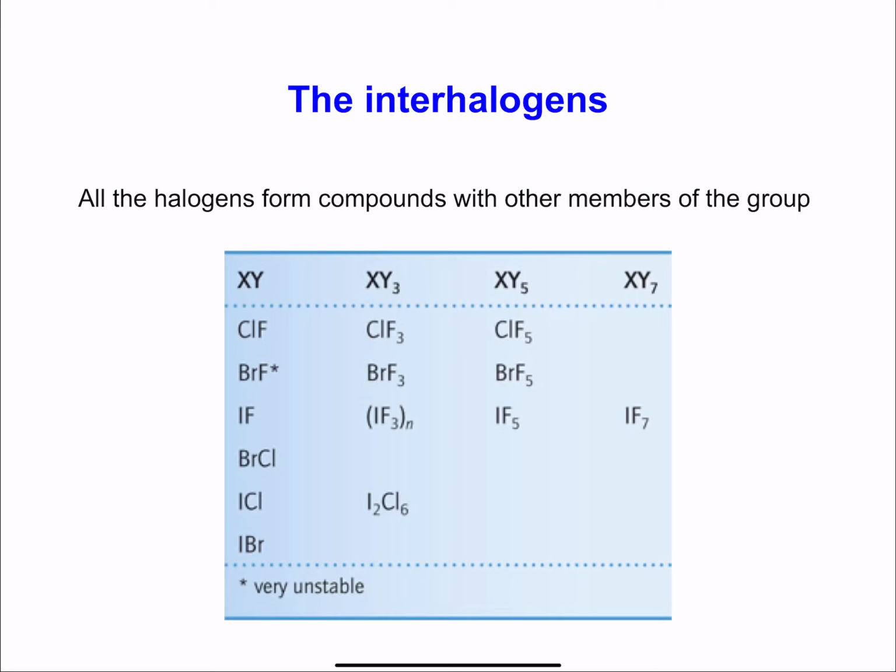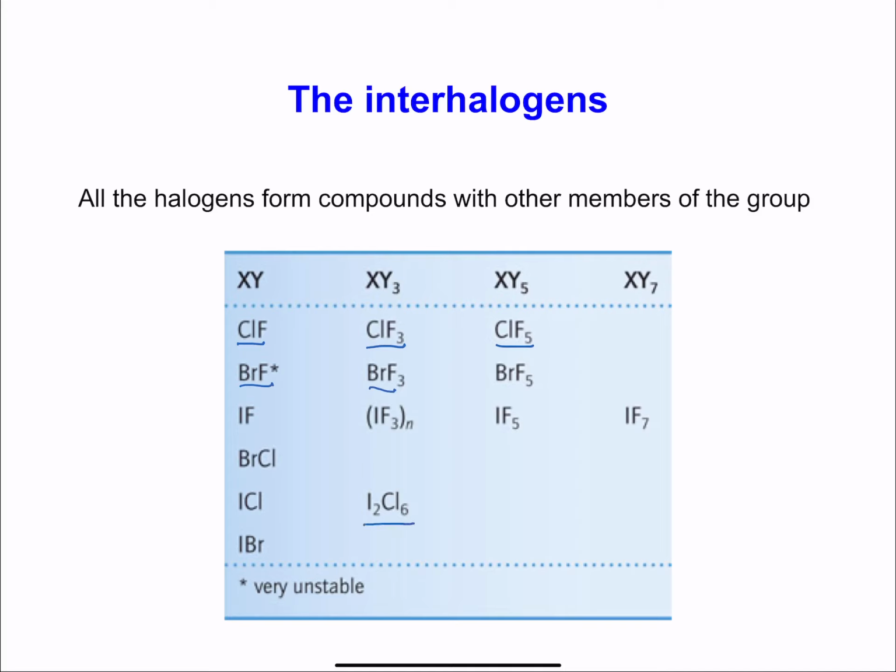And here's another class of compounds I want to introduce to you. We call them interhalogen compounds. If you look at the name, it means the compound is formed between different halogen elements. We have examples on the slides.